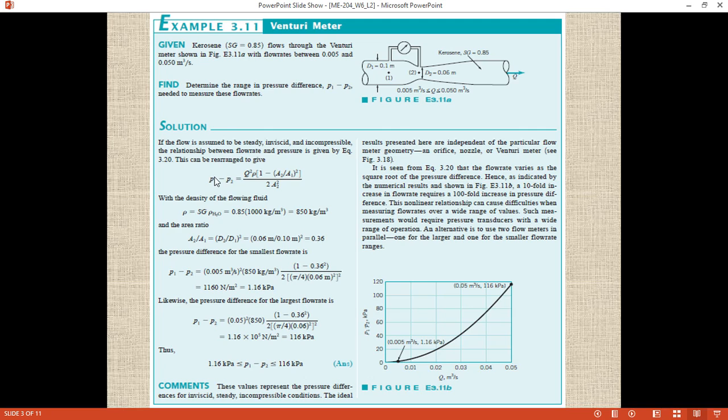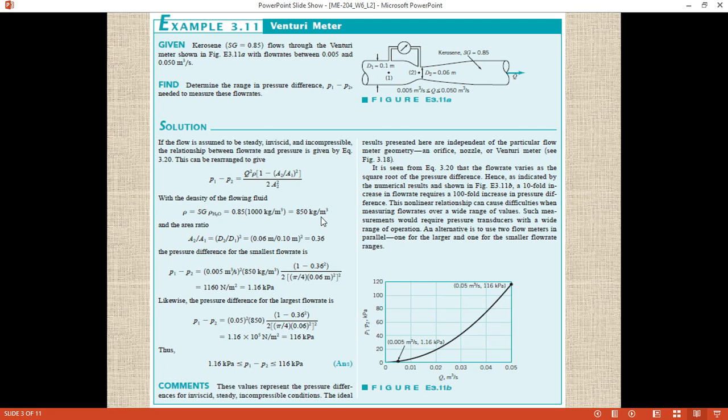So now the specific gravity of the kerosene is given, but we need the density of the kerosene oil, which is very easy to find out, because the specific gravity is the ratio of the density of fluid divided by the density of water. So we find the density of kerosene, which is 850 kilogram per meter cube.